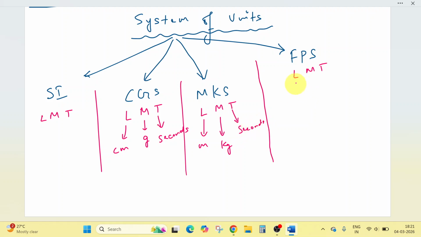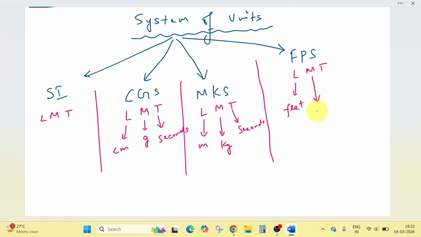Here also L is length. Length will be measured in feet. Suppose your height is 5 feet or 4.11, or your height is 5 feet 8 inch. So it's feet, F for feet. M for mass.